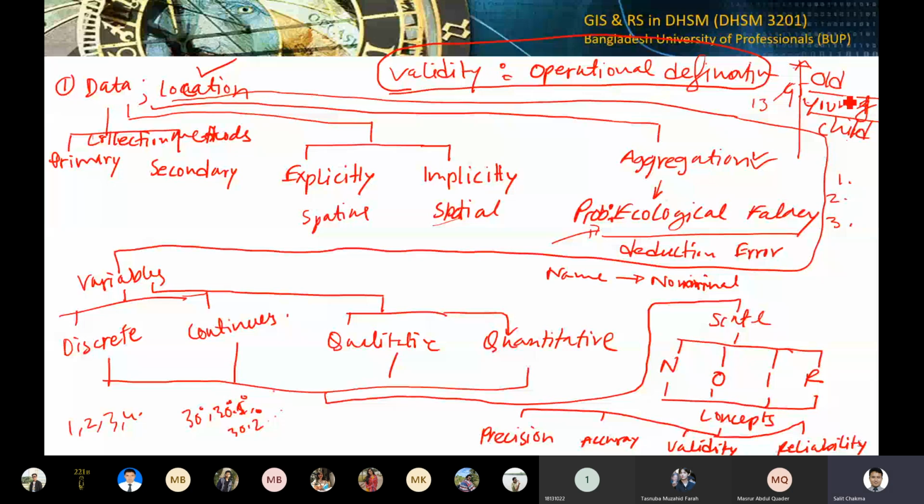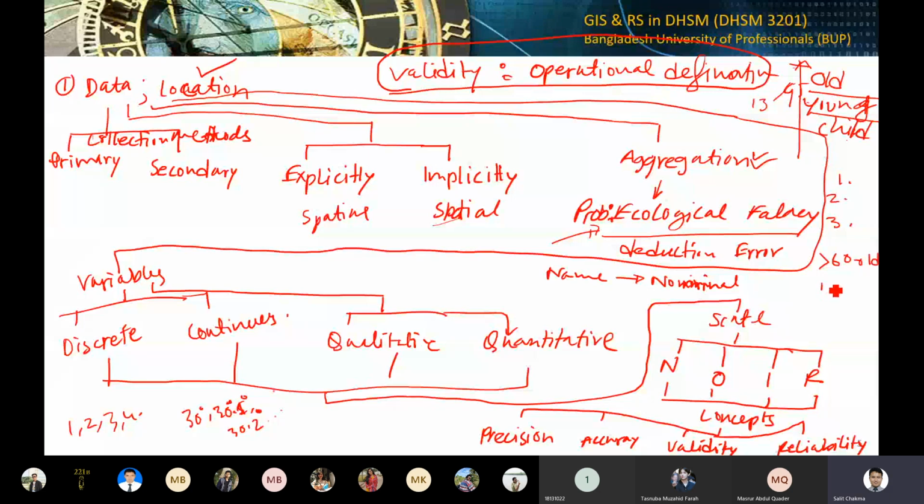Now, for example, just imagine that you are trying to classify the population density, or you would like to classify these ranks: old, young, child. You would like to make a classification, make an order. How are you ordering it? You define old as more than 60. Those who are more than 60 are old.